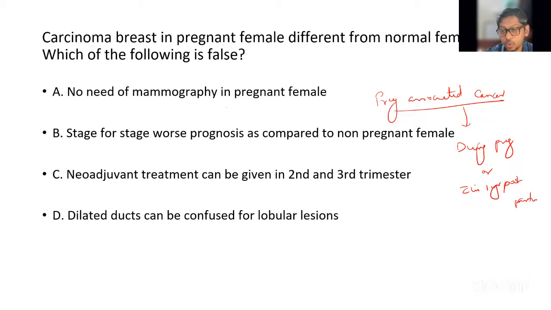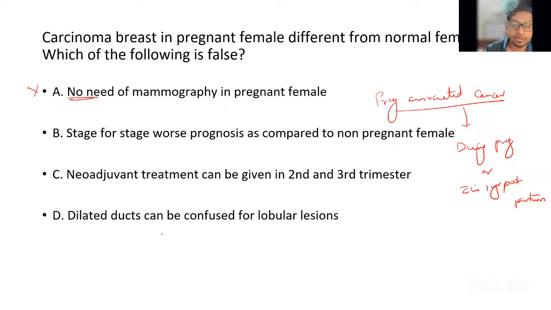So this is how we define a pregnancy associated breast cancer. Usually in a pregnant female, we don't do a mammography. Mammography is generally contraindicated in a pregnant female. Very rarely, if you really require a mammography, then you'll have to do abdominal shielding before you do a mammography. But usually we avoid a mammography in a pregnant female.